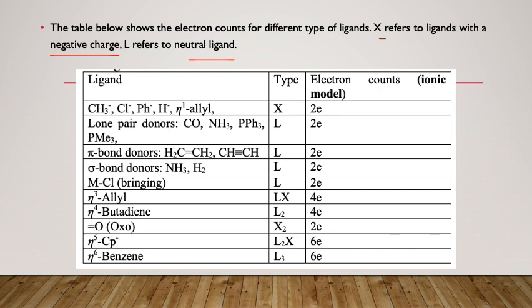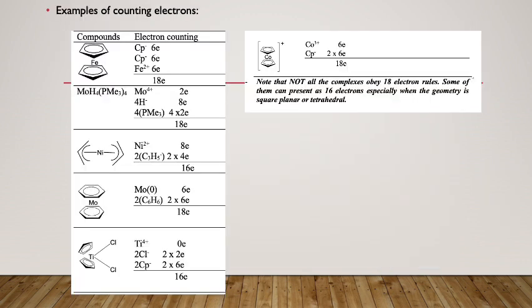The structure looks like this, where this is the negatively charged ligand, and the other 2 sides are the neutral ligand. These are some of the examples. You can look through this and look at the electron counts. The electron counts will be used for us to calculate the 18 electron rule or the electron count of the complex.